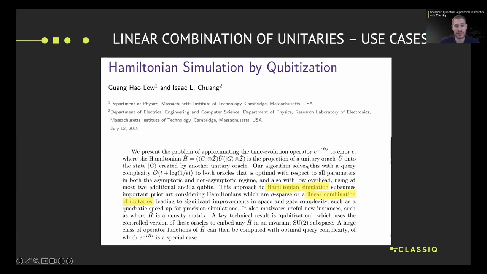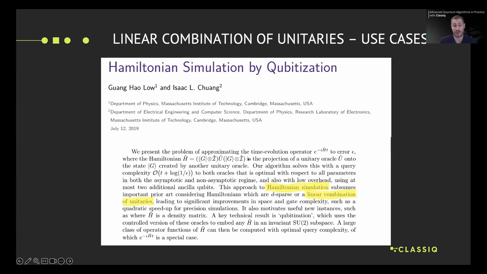And also here, they say that qubitization is another approach to Hamiltonian simulation. And I think two of the key papers that you should implement in the final project deal with Hamiltonian simulation. So there is qubitization, a method for implementing one of the key papers that you need. And linear combination of unitaries is a key part of this method.